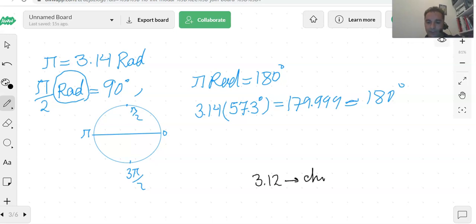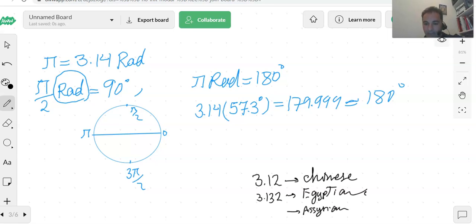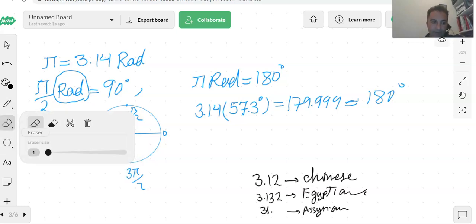Egyptian mathematicians found it as 3.132. And then Assyrian mathematicians found it as 3.1. Let me erase this.